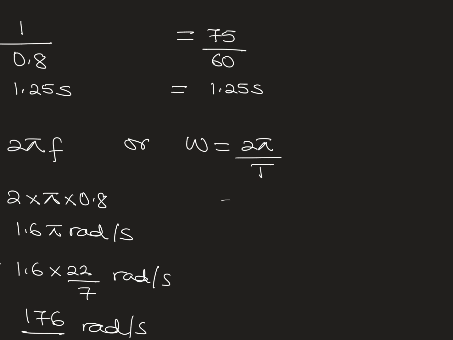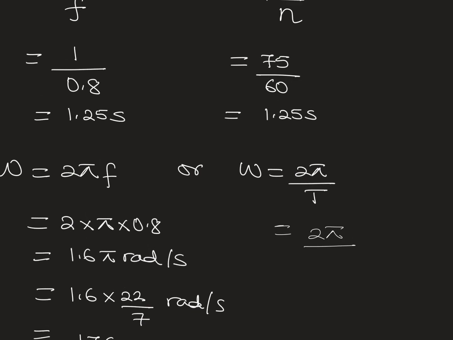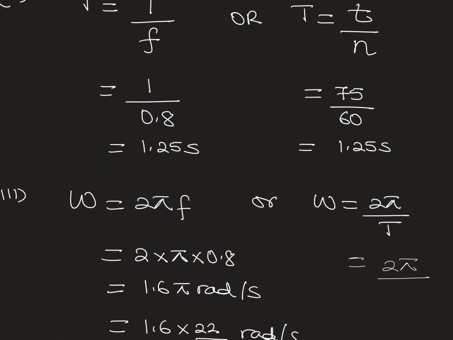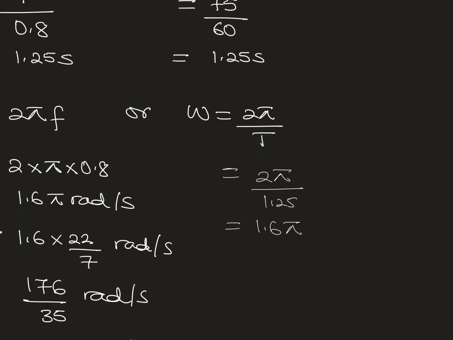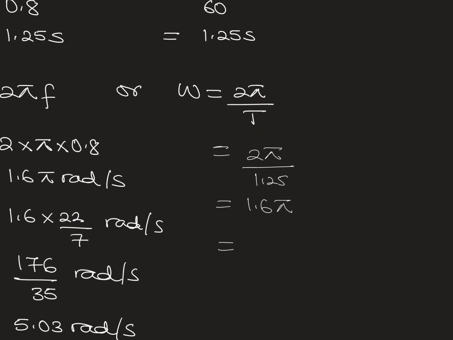Okay, so if we want to use the other formula, which is 2 pi divided by T, that will be 2 pi divided by the period, which is 1.25, right? So 2 divided by 1.25 is 1.6. So we'll have 1.6 pi. If we substitute the value of pi, that will be 1.6 times 22 over 7.